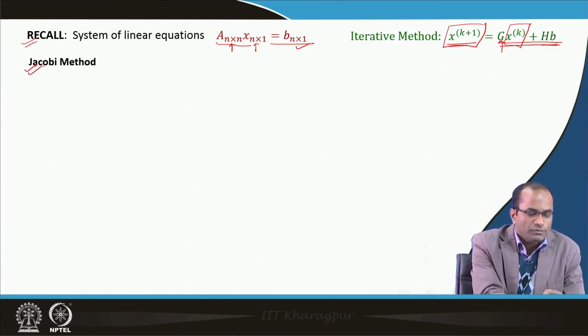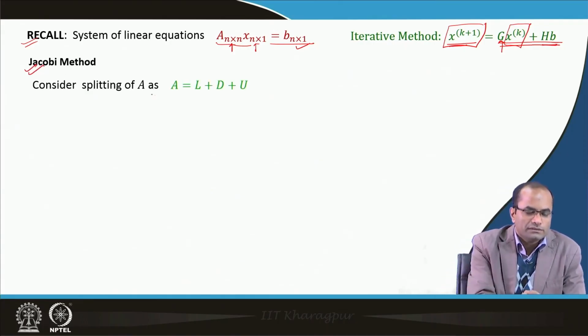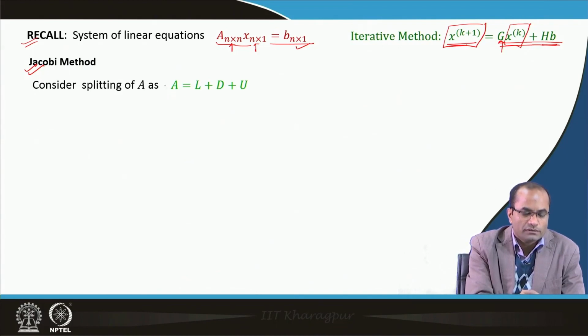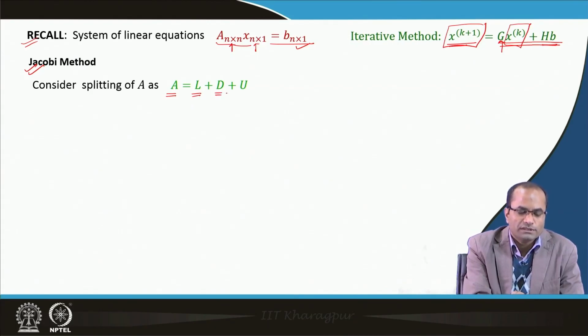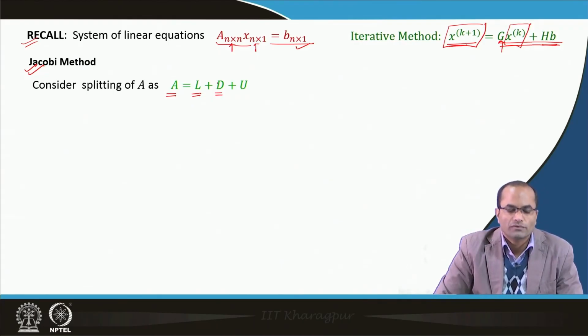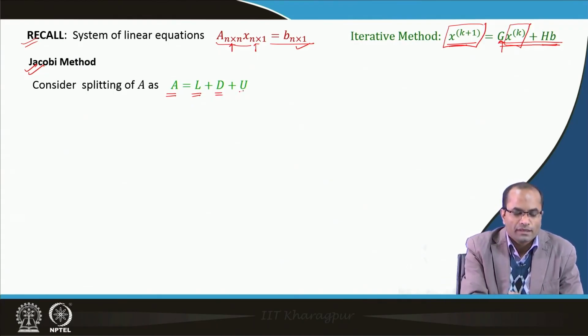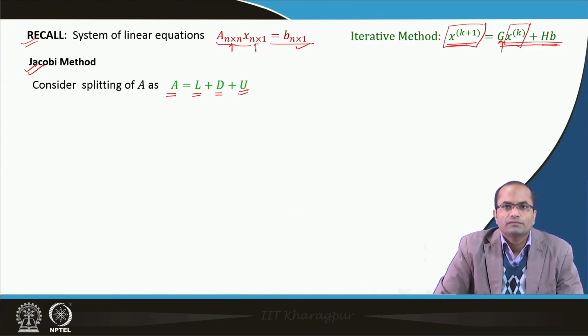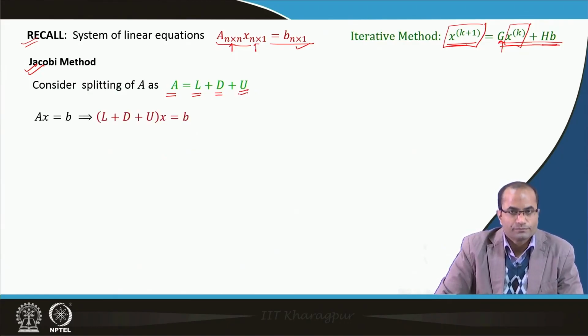Coming to the Jacobi method, we consider the following splitting: we write A as L, the lower triangular matrix, plus D, the diagonal matrix having entries in the diagonal from the coefficient matrix A, plus U, the upper part of the coefficient matrix.